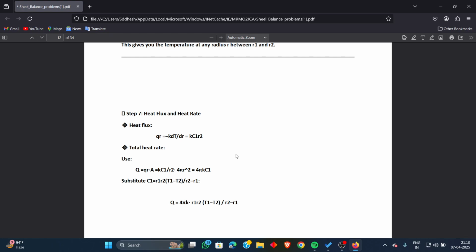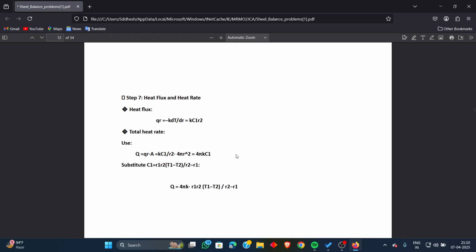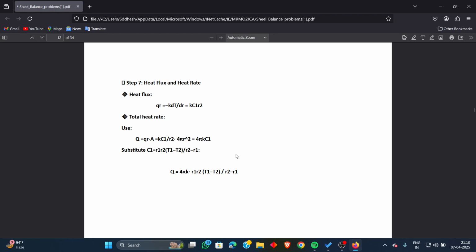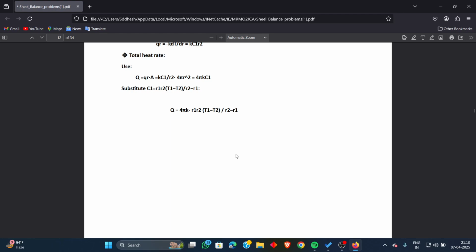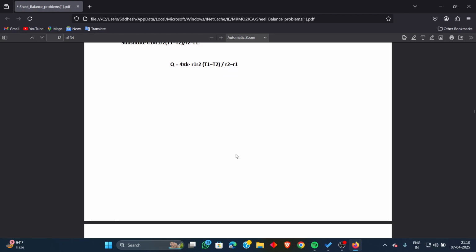Substitute C1 is equal to R1 R2 (T1 minus T2) upon (R2 minus R1). After substituting this, we get Q is equal to 4 pi k R1 R2 (T1 minus T2) upon (R2 minus R1).